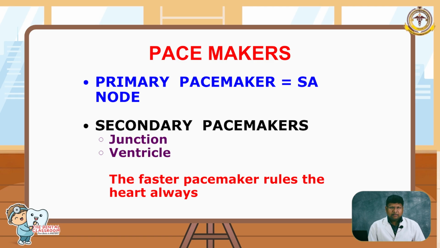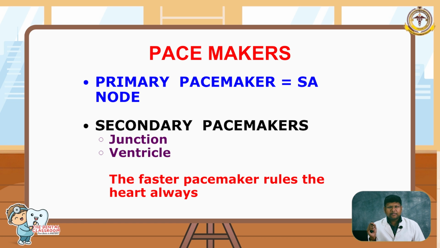And coming to the basics proper, you need to know what pacemakers are. You know how the electrical activity is generated in the heart. It is due to the sinoatrial node, the primary pacemaker cell, the SA node of your heart, which has already been discussed in the conductive system of the heart.